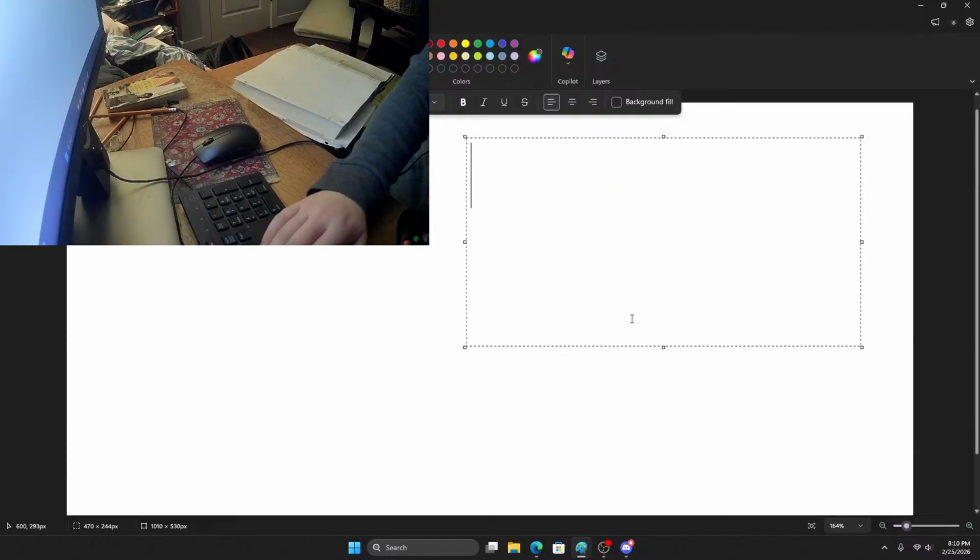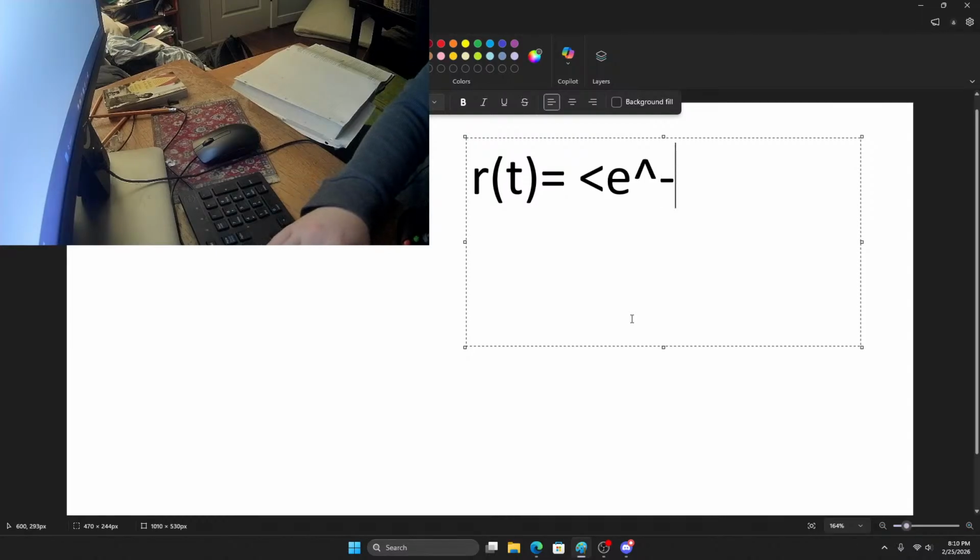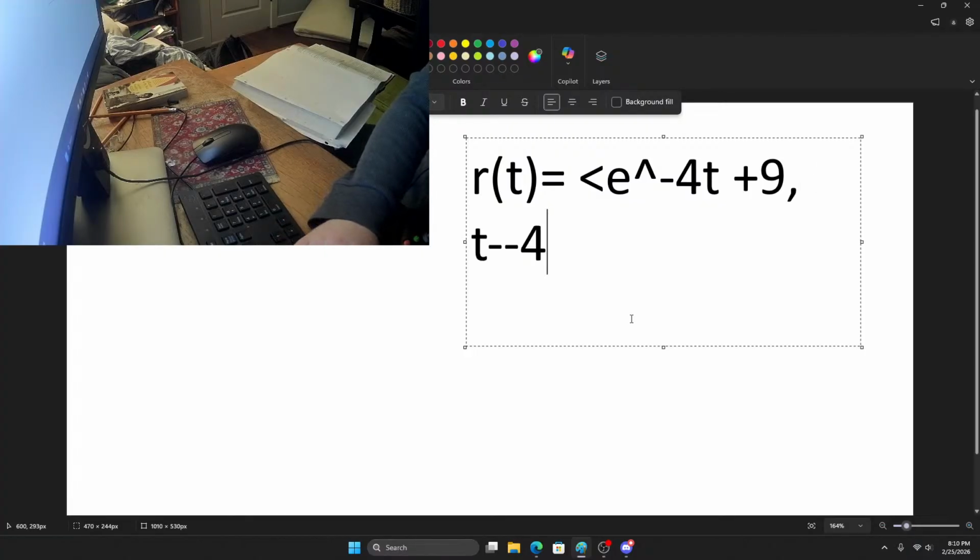Because here's the question I'm missing. r of t equals e to the power of negative 4t plus 9, 7 minus negative 4t to the third.